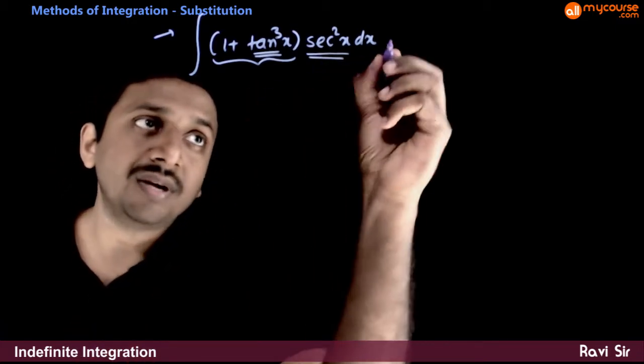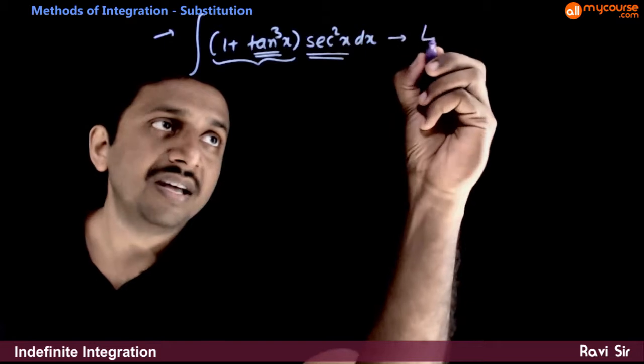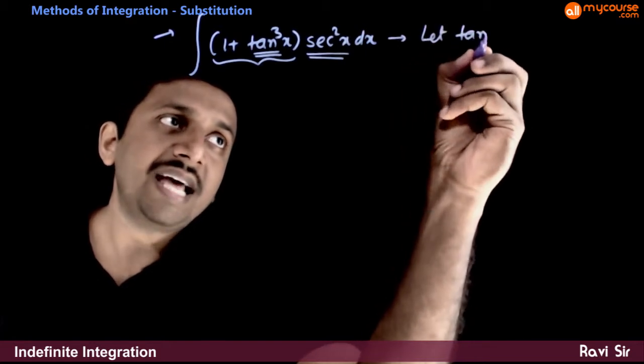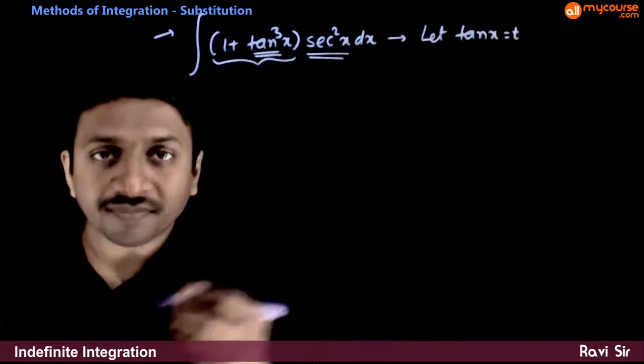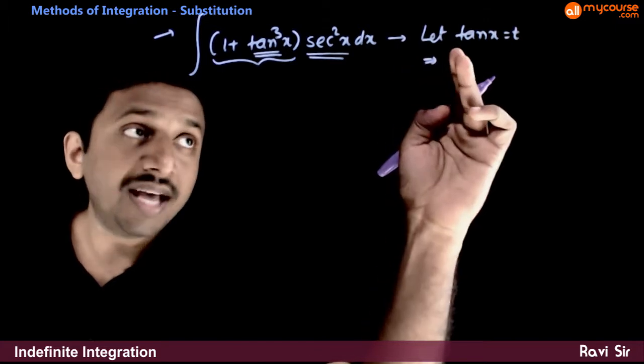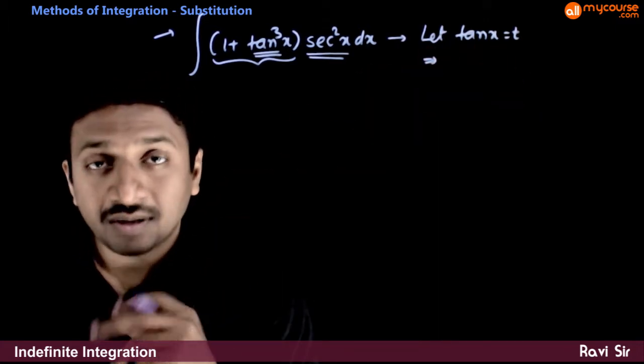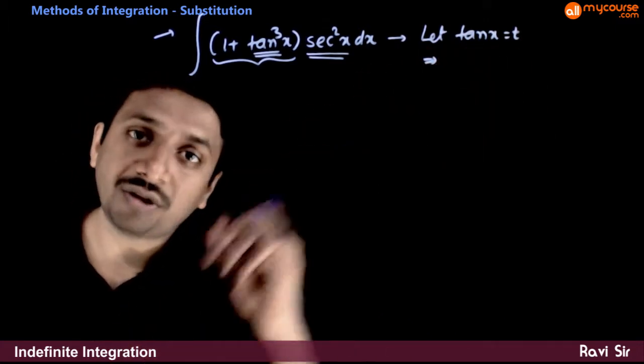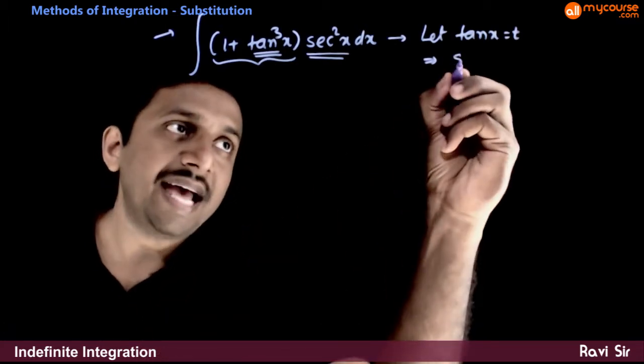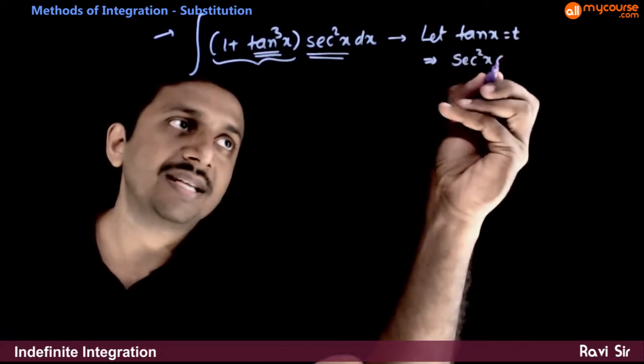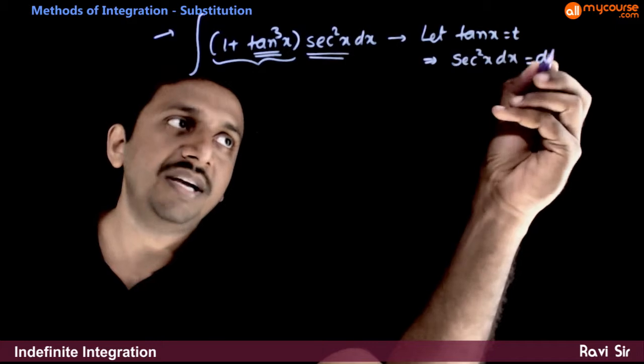So what we can do is, in such type of questions, let tan x is equal to t. Once you assume the substitution, the next step will be the differentiation of this substitution. So tan x implies secant square x dx is equal to dt.